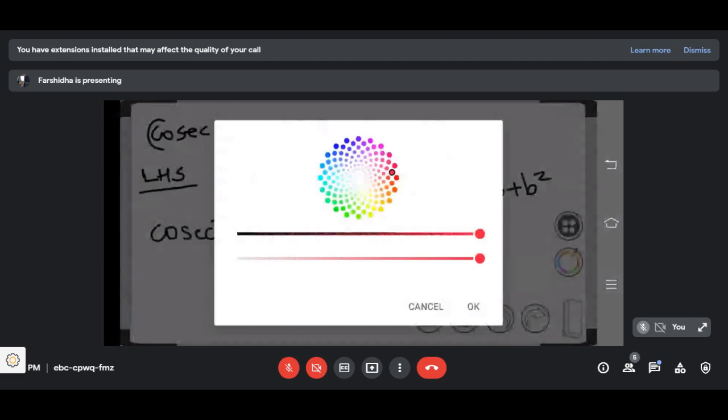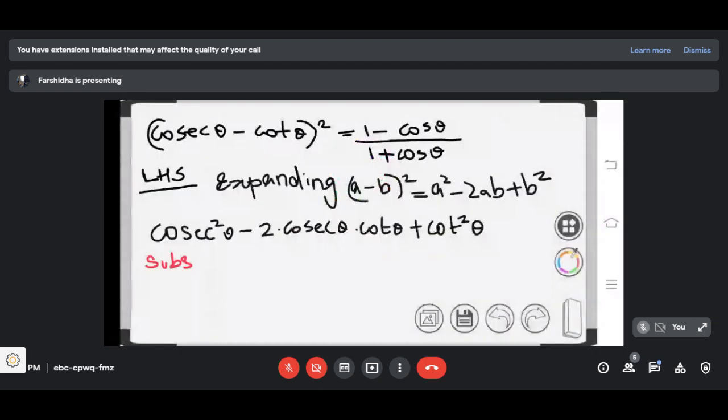Now below that you write substituting: cosec square theta is equal to 1 by sine square theta. Cot theta we'll substitute as cos by sine, not 1 by tan.